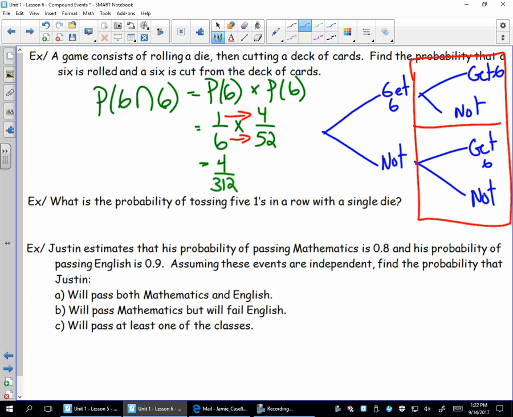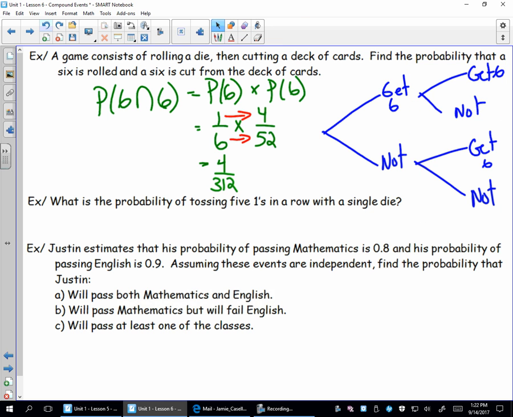So this time, when we have the tree diagram, we have to add the probabilities to it. So let's get rid of that. What's the probability of getting a 6 with the dice? 1 out of 6, which means not would be 5 out of 6. Together, those two things should add up to 100%, or in other words, 6 out of 6. With the cards, there's 4 out of 52, and that would mean this is 48 out of 52.